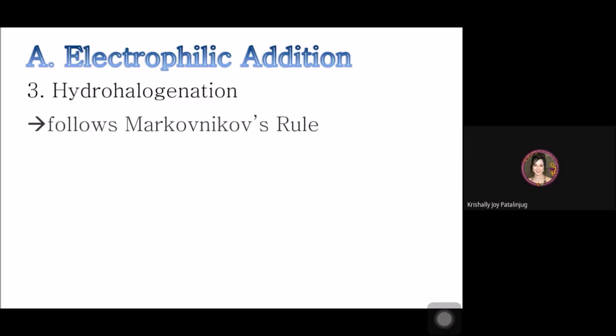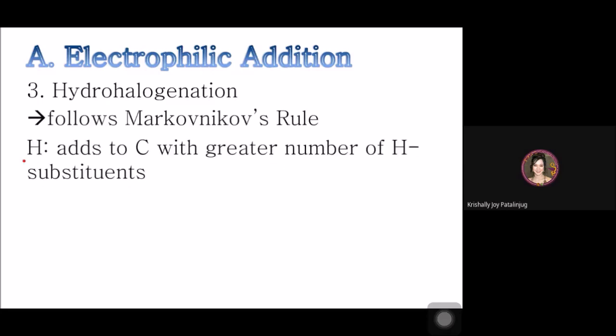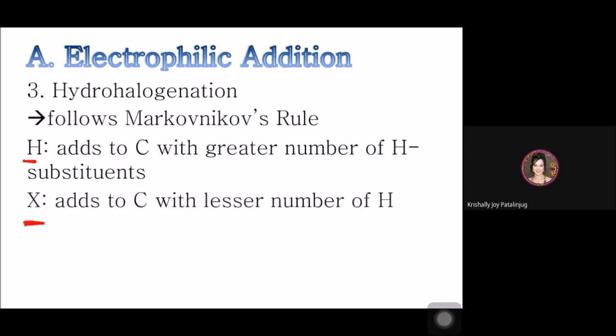Okay? So asa padulong ang hydrogen? Di ba itong pangutana, asa padulong ang hydrogen, asa padulong ang X gikan sa hydrohalogen nga giadd. Okay? Let's say for instance, ang giadd is HCl. During hydrohalogenation, asa padulong ang H, asa padulong ang halogen nga Cl.